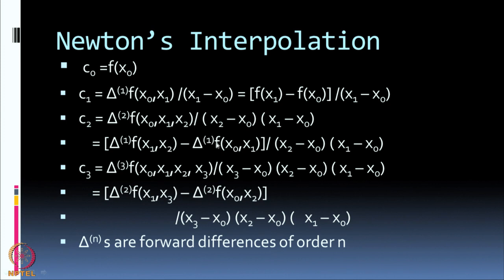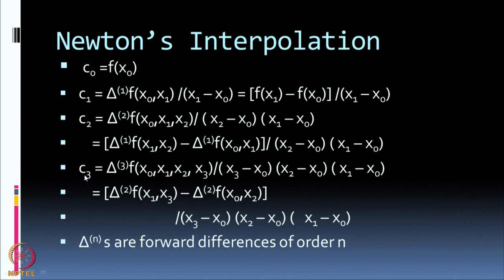Then delta 1 f(x naught, x1) will be the first order difference between x1 and x naught, that is f(x1) minus f(x naught). So, first order difference at point x1, first order difference at point x2, the difference of the two divided by (x2 minus x naught) and (x1 minus x naught). So, my C2 term is the coefficient for the second value, that C2 is given by this.